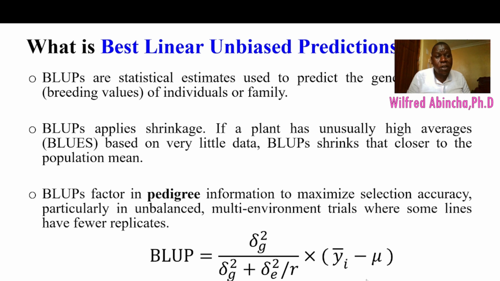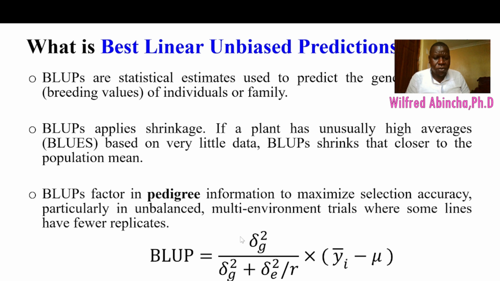After that, we shrink it by this term here, which is the heritability. This value shrinks the values towards the mean. These are just deviations from the mean, and the average of the deviations is 0. Therefore, the function of this is pulling those values towards 0.